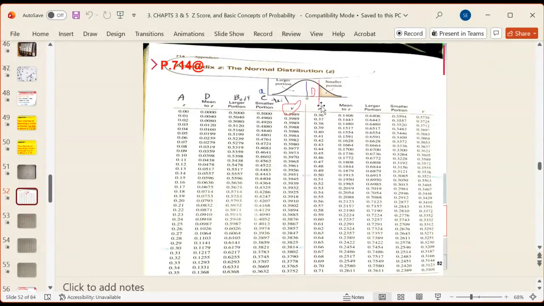I can tell what's the probability of getting someone's score, let's say right there, z of 1.5, if their score is greater, which means to the right, or less than z of 1.5. Less than means to the left, that white plain area, which is called body.